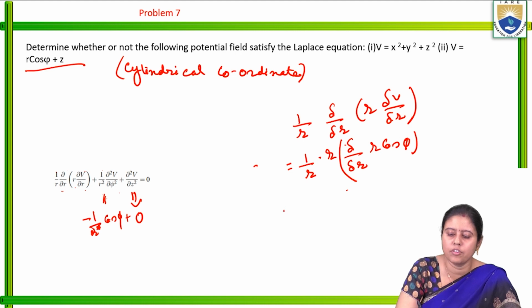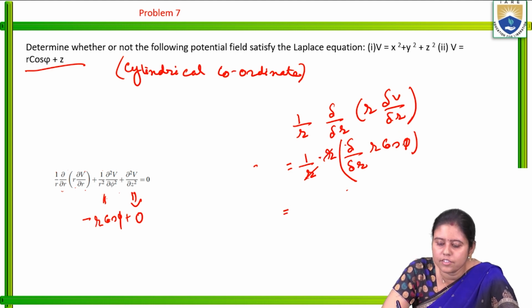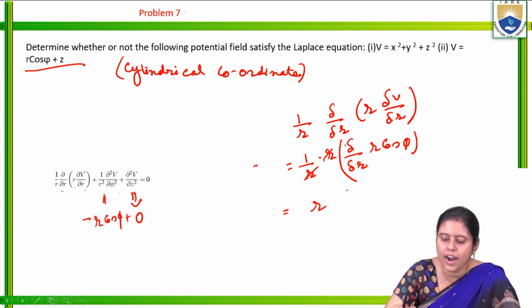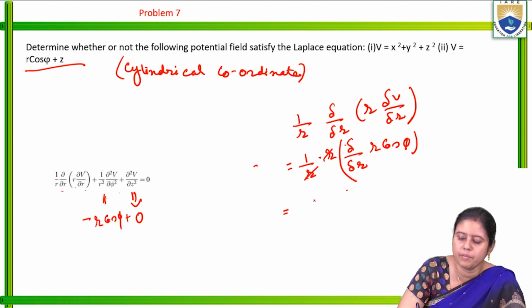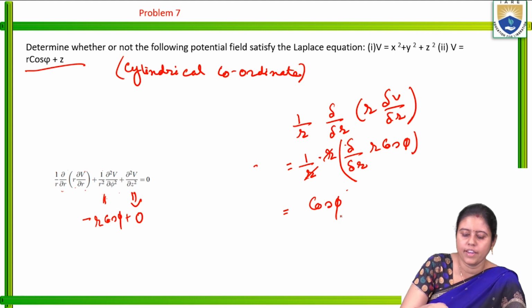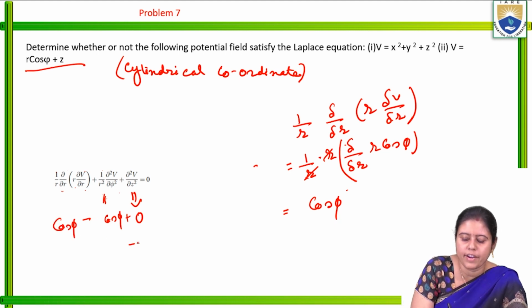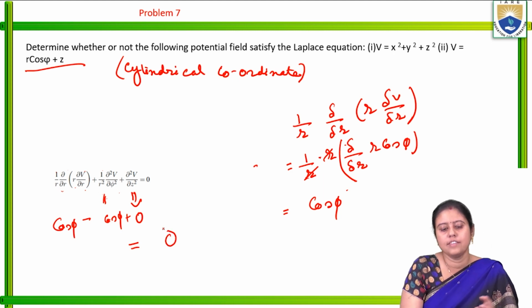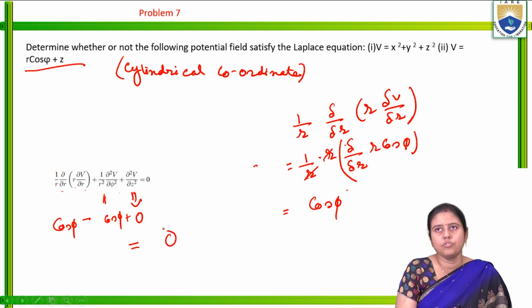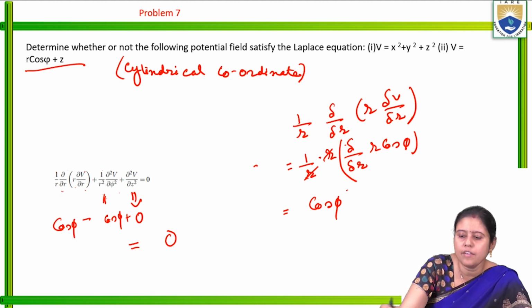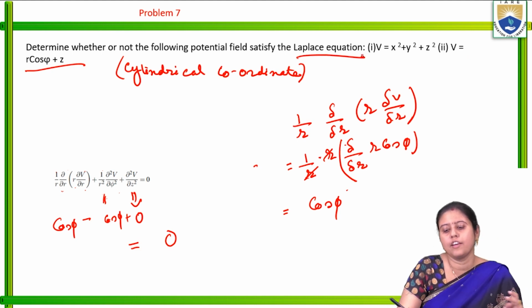Again r is coming, so ultimately it is only cos phi. Here also we got cos phi. So plus cos phi minus cos phi we are getting 0. As this is equal to 0, we will tell this follows the Laplace equation.